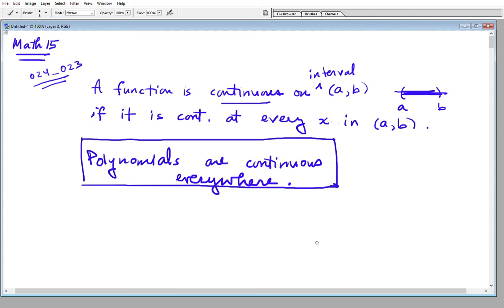Let's take a look at MathBreeze before we start. I want to look at the announcements.